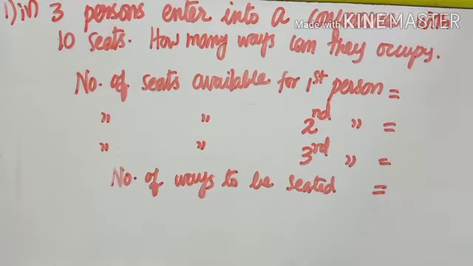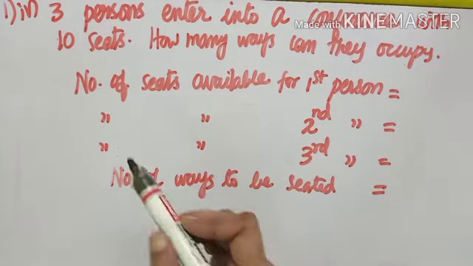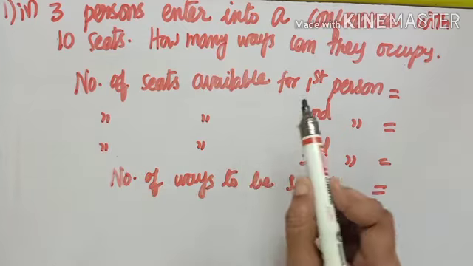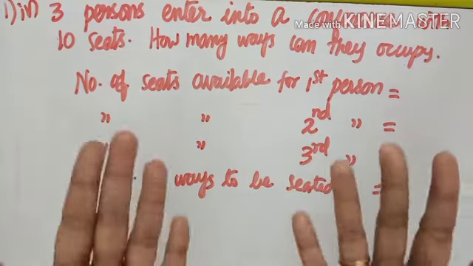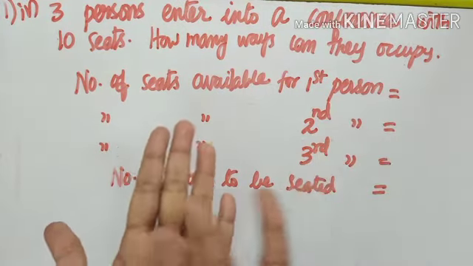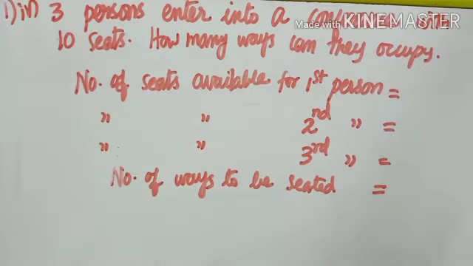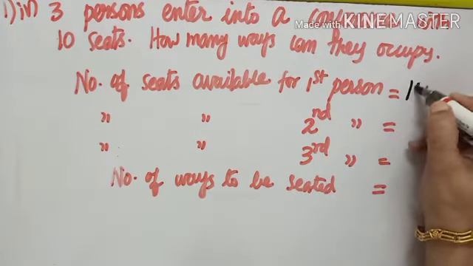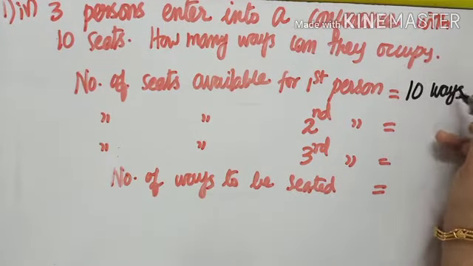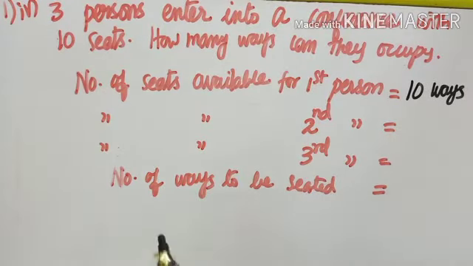Fourth subdivision, 3 persons enter into a conference hall. There are 10 seats. How many ways can they be seated? Number of seats available for first person: how many seats are there? 10. Out of the 10, any one place he can go and sit in 10 ways. Now out of the 10, the first person has occupied one place. How many places remaining?